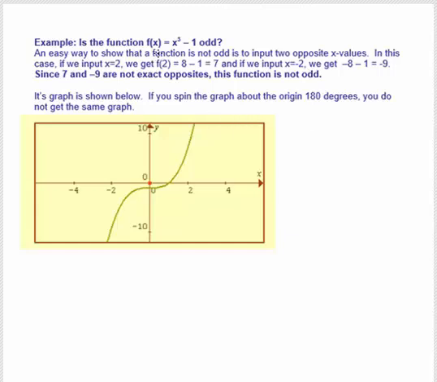Plug in 2 and negative 2. In this case, we plug in 2 and we get f of 2 is 2 cubed minus 1, which is 7. And when we plug in negative 2, we get negative 2 cubed minus 1, and that equals negative 9. Since negative 9 is not opposite of 7, this function is not odd.